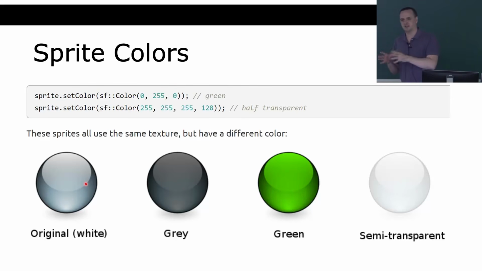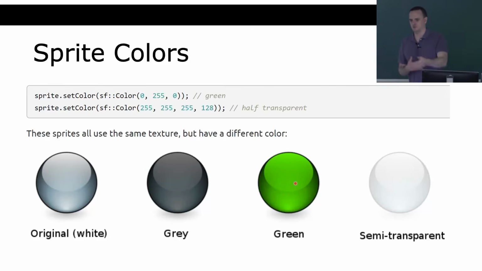We can take a texture and sort of plaster a color on top of it. So if I load something in an initially neutral color, then I could set the color of that thing with sprite.setColor. Okay? So by setting the color and messing with its transparency and its color values, we can actually apply different colors to sprites.